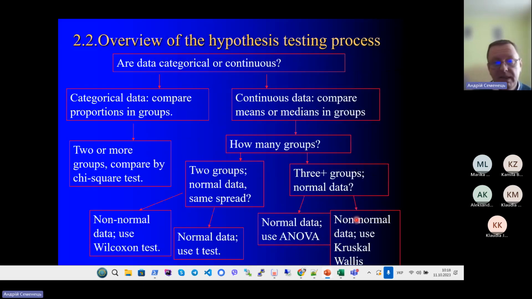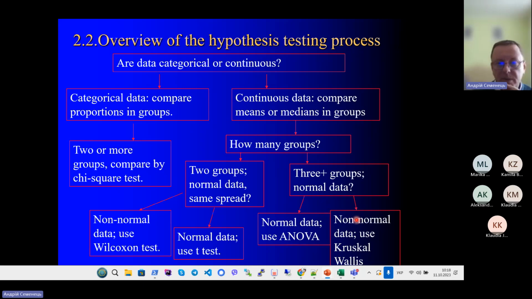Let's expand the steps in more detail. First of all, what kind of variable do we measure, the dependent variable in this case: categorical or continuous? In the case of categorical data, we compare proportions in groups, so for example we use the chi-square test as the most common case. In the case of continuous data, we have a harder situation.